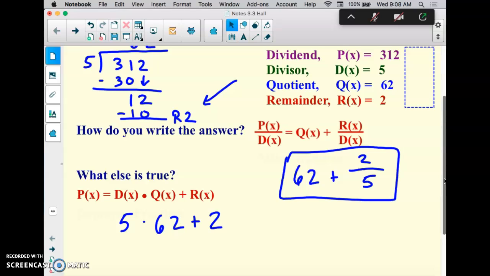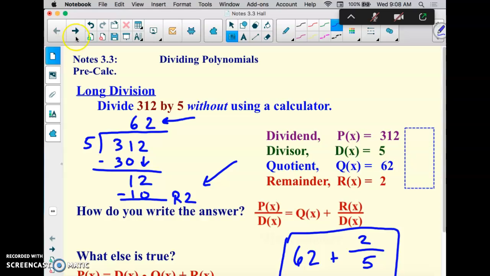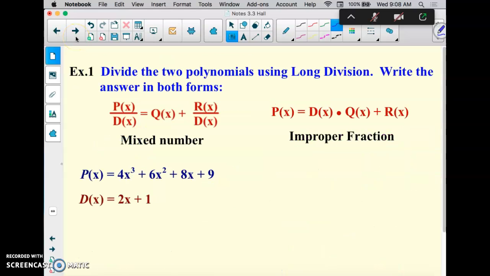So let's look at this with polynomials. Divide the two polynomials using long division and write the answer in both forms, the mixed number form and the improper form. Just like I set it up before, I'm going to write D of X, 2x plus 1, divided into 4x cubed plus 6x squared plus 8x plus 9.